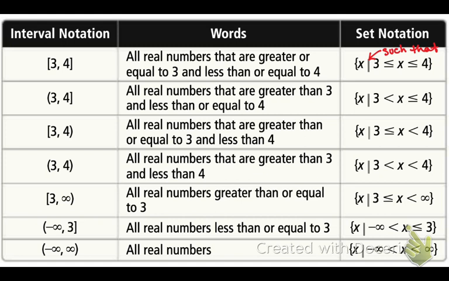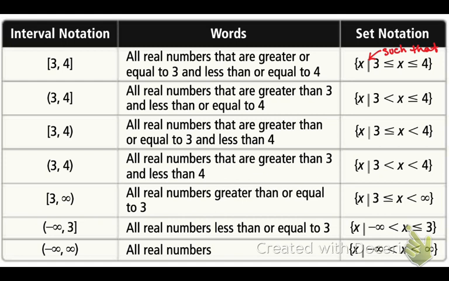So on the interval, it says it is from 3 to 4, and are they included? Yes, because we have square brackets. Now over here in set notation, x such that 3 is less than or equal to x, which is less than or equal to 4. What is the line under it? Equal to. It can be equal to it, so that's why we have the brackets.